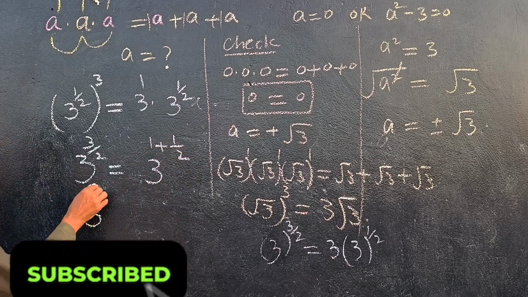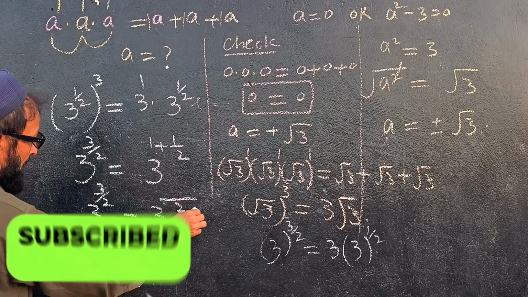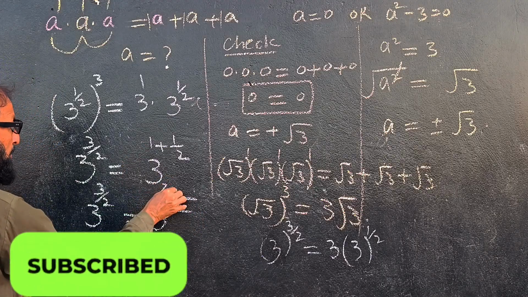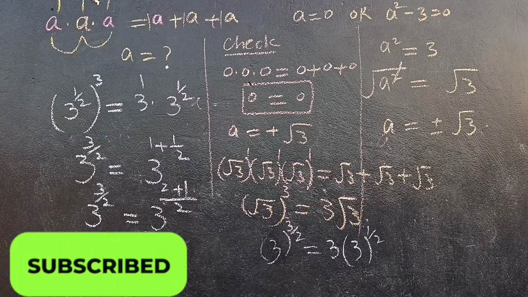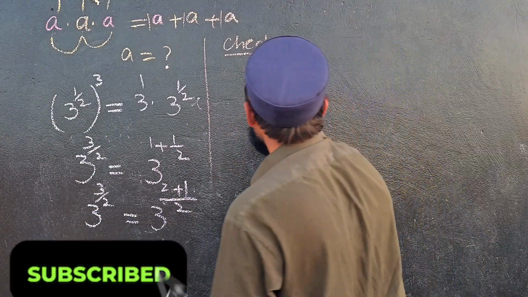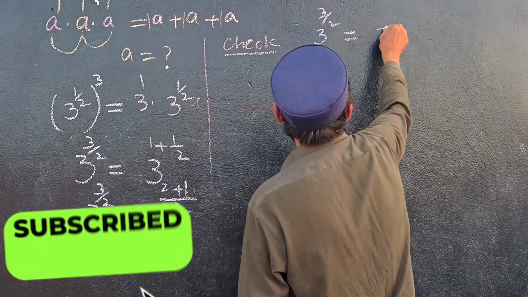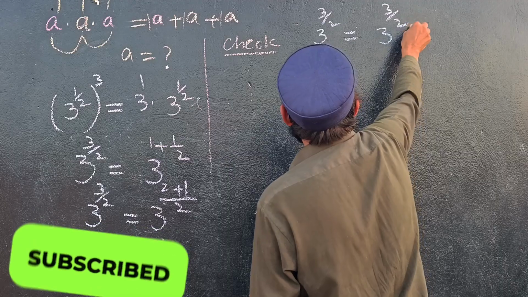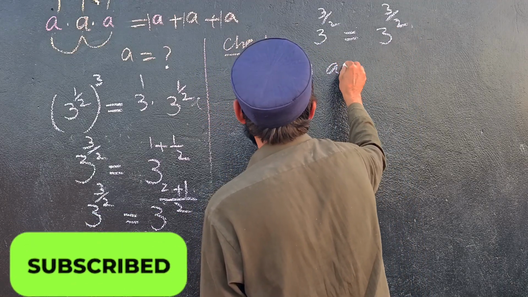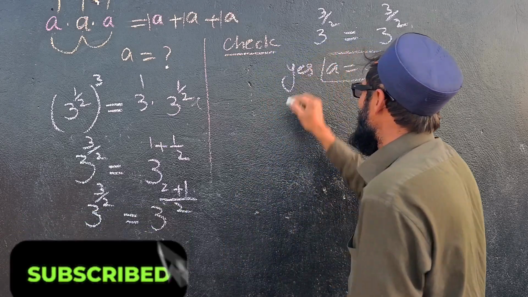We take the LCM: 2 multiplied by 1 plus 1 gives 3 by 2. Simplify this result: 3 to the power 3 by 2 is equal to 3 to the power 3 by 2. Yes, a is equal to the square root of 3 is the solution of this question.